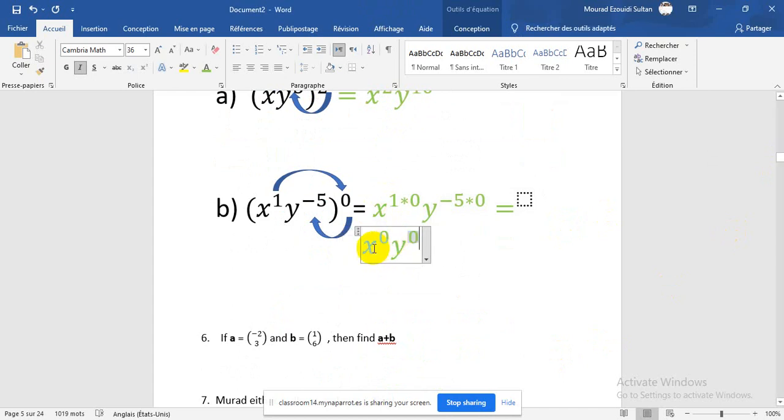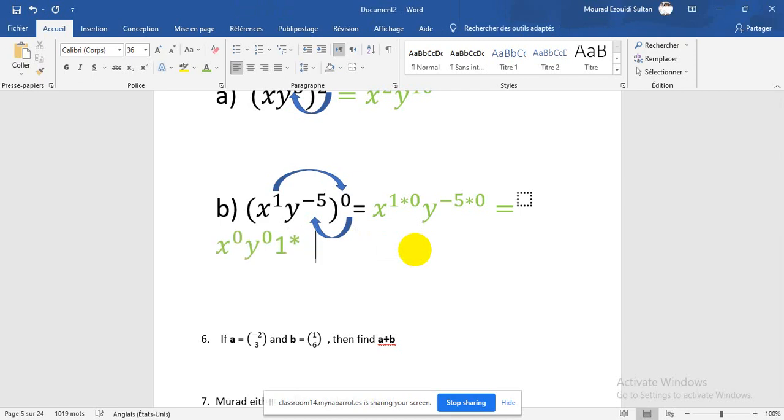So x to the power 0 in fact is 1 multiplied by y to the power 0, which is 1. So 1 multiplied by 1 is 1. This is the first method. If you would like to use another method, you just do like that.